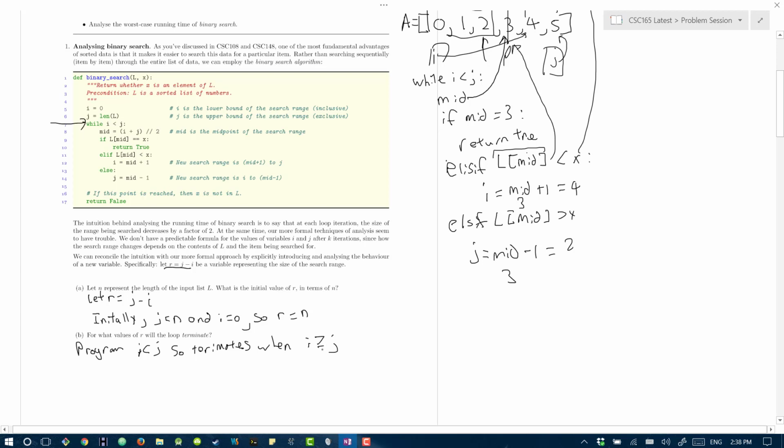Consider if i is equal to j, then r equals 0. Consider if i is larger than j, then r is smaller than 0. So then we know that it will terminate when r is smaller than or equal to 0.